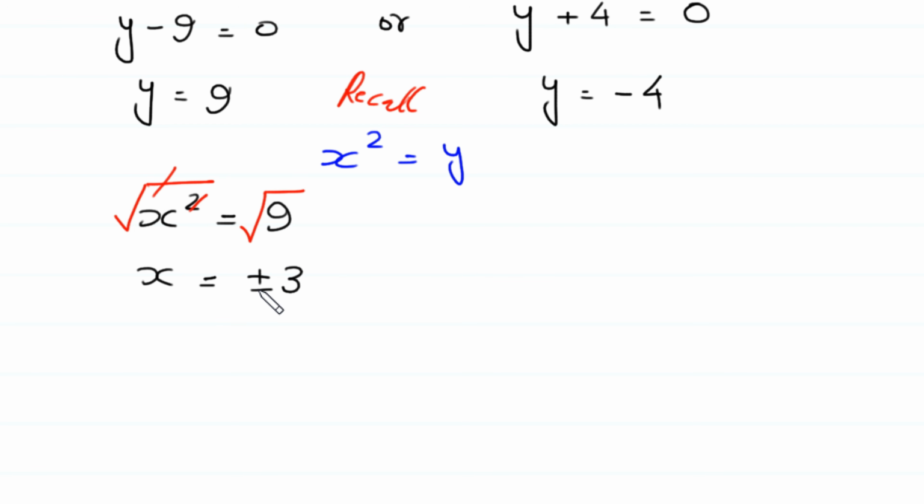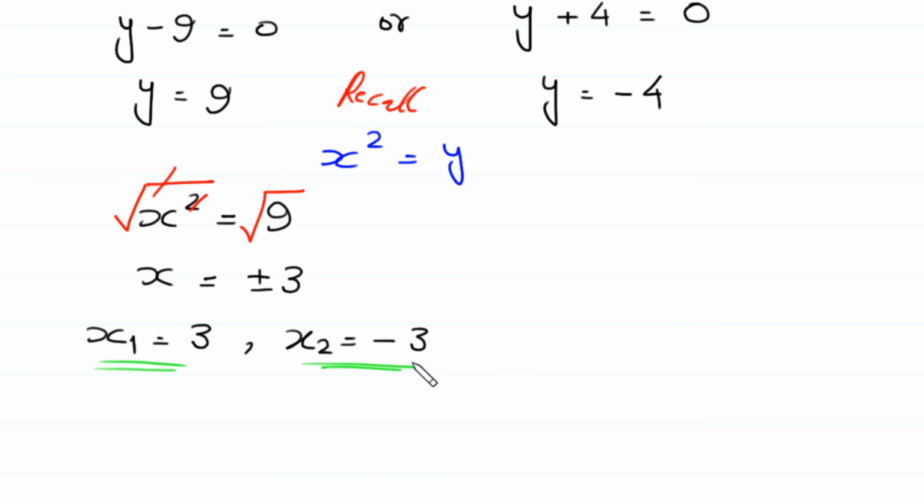So from here we got two values of x. x is equal to 3 and x is equal to negative 3. This is the first value of x and this is the second value of x. So we have got two solutions from here.